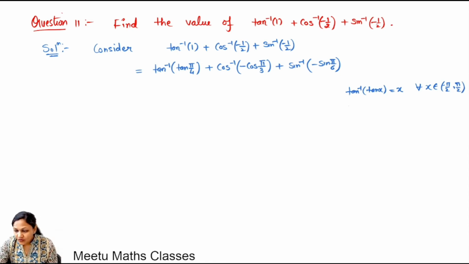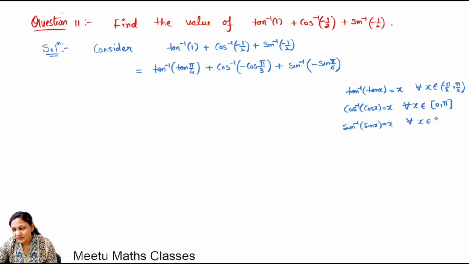And cos inverse of cos x is equals to x for all x belongs to closed interval 0 to pi. And sine inverse of sin x is equals to x for all x belongs to closed interval minus pi by 2 to pi by 2.